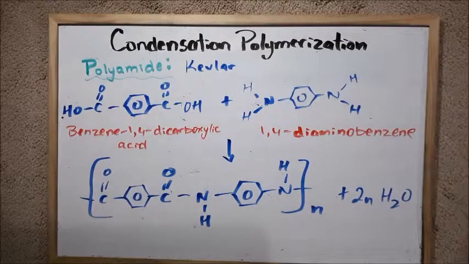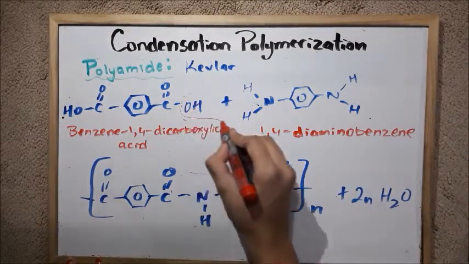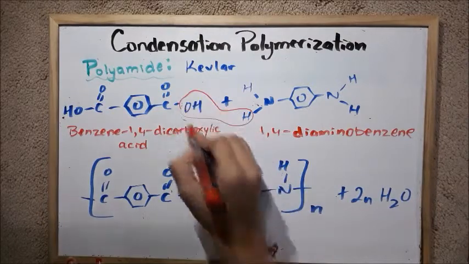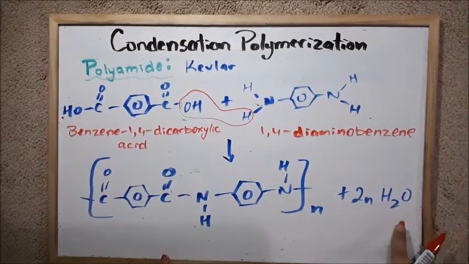So here we have an example of a polyamide called Kevlar. Here it is shown in its linear form, and it is made up of benzene-1,4-dicarboxylic acid and 1,4-diaminobenzene. So here the same thing happens as it did in the polyesters. The OH from here reacts with the hydrogen from the amino group there, and that forms one of the water molecules that we have here.